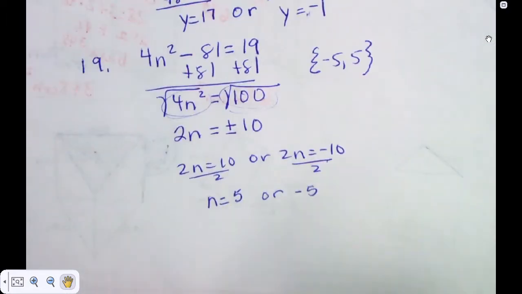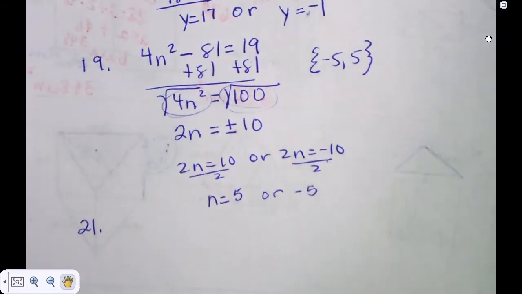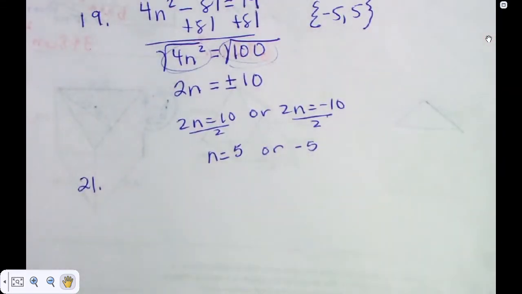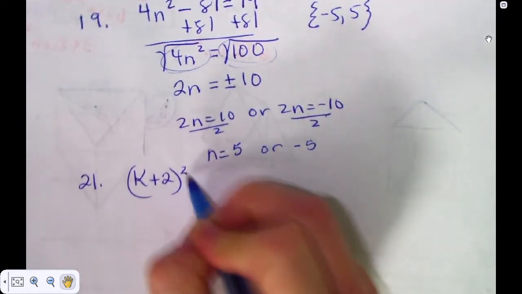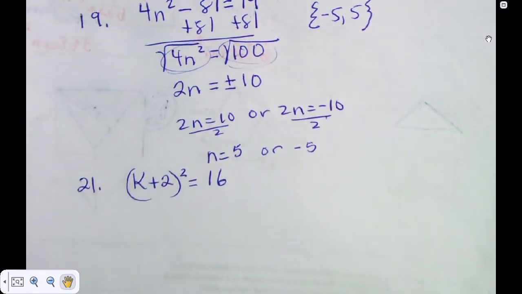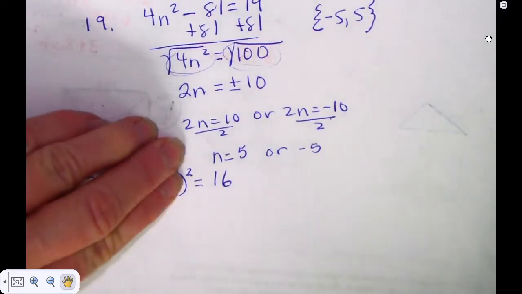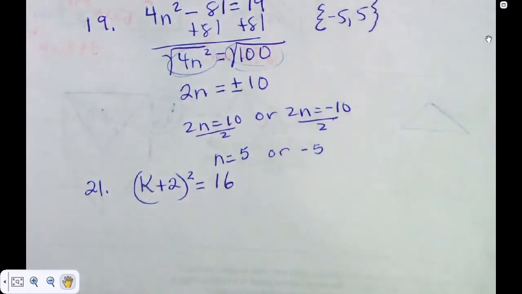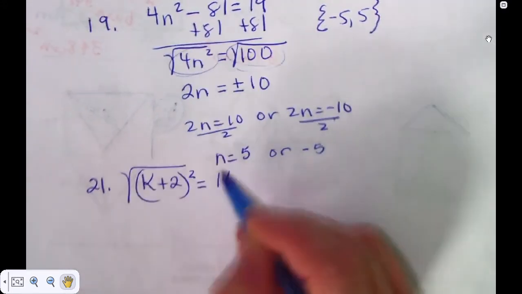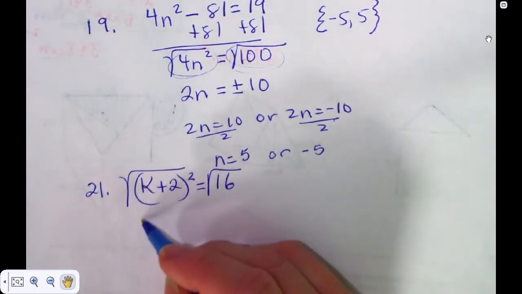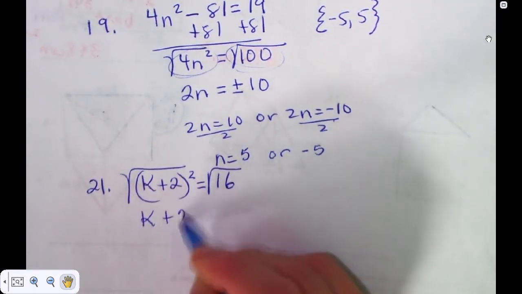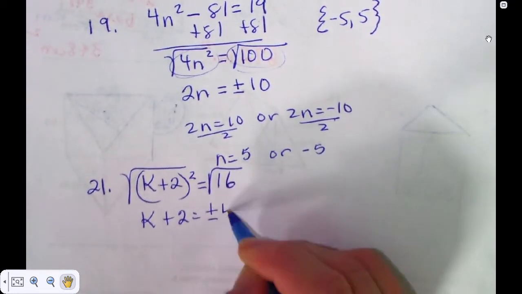Okay, let's go do 21 next. Well, they just mixed and matched some of these. Okay. Guys, perfect square, perfect square. So this is where you got to go, I can get the square root. So it's going to be what? K plus 2 equals plus or minus 4.